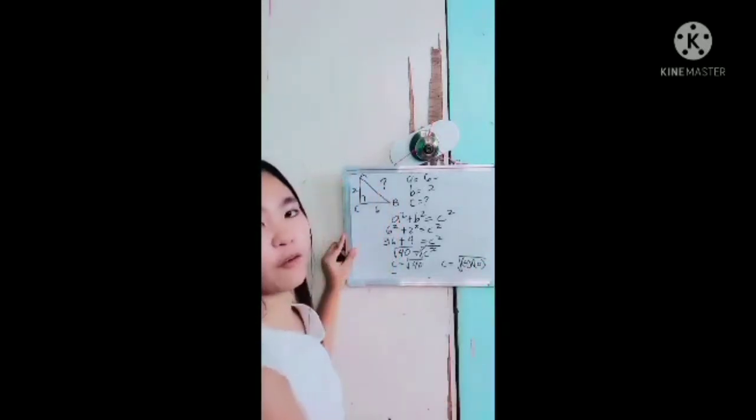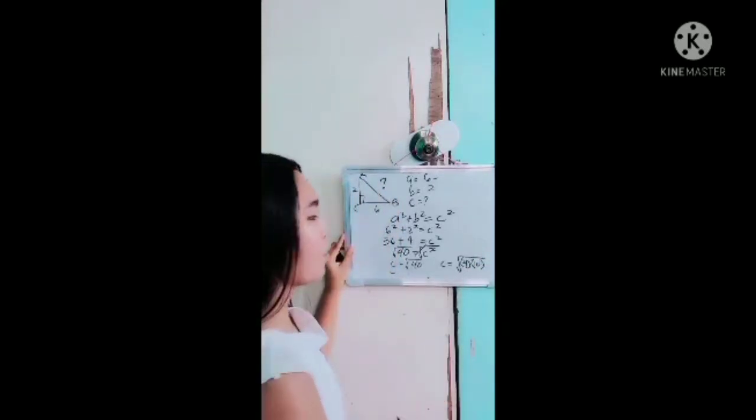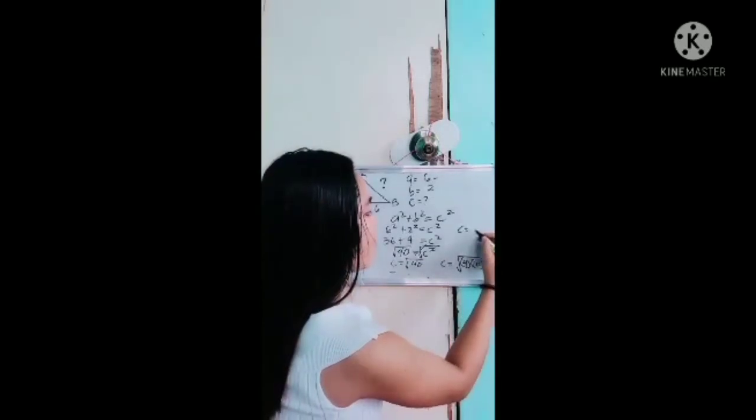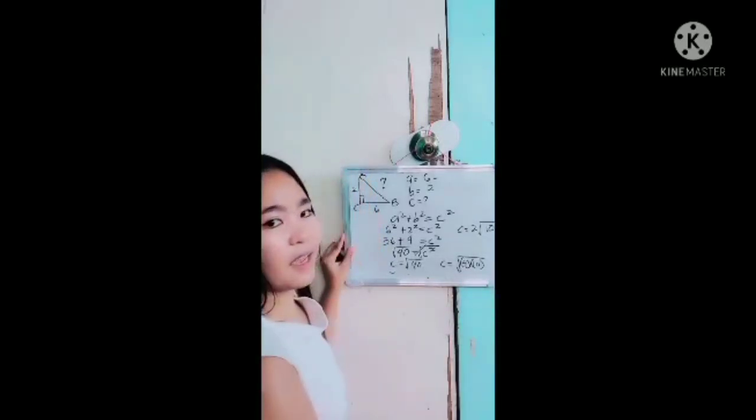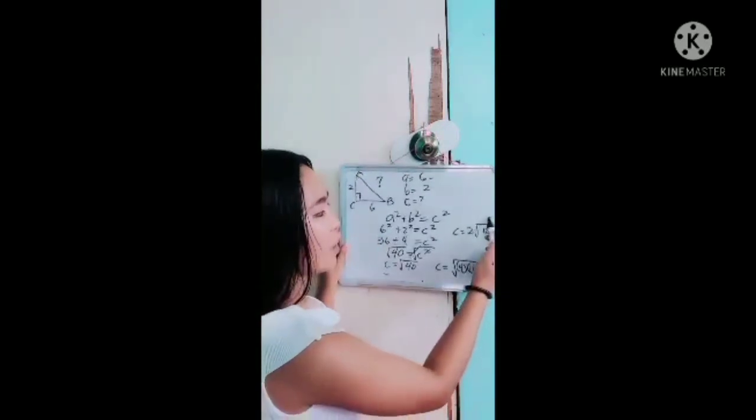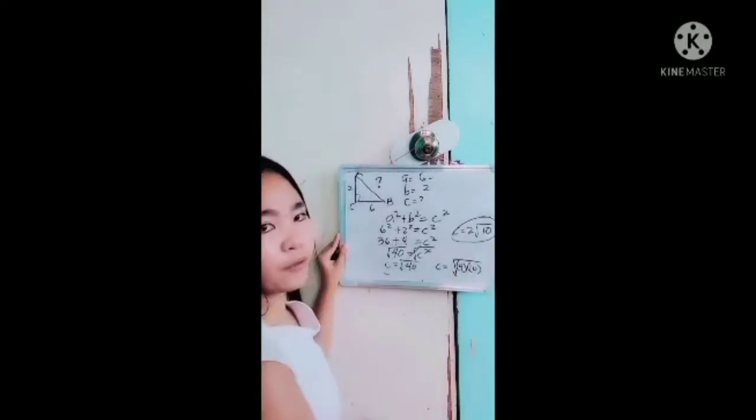Since 4 is a perfect square, we can say that c is equal to 2 square root of 10. And that is the measure of our hypotenuse.